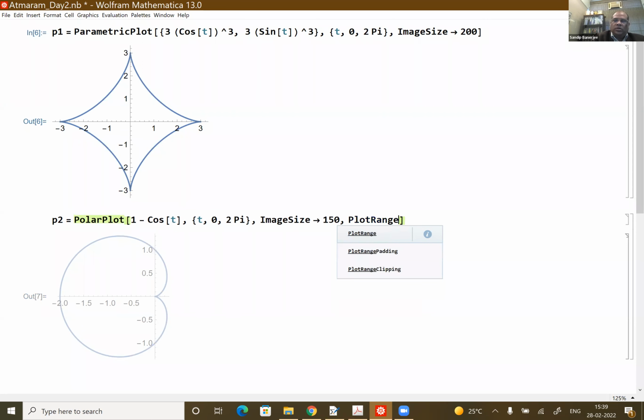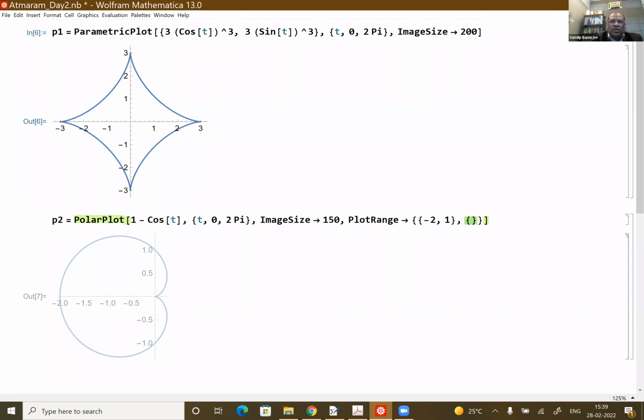Plot range. So plot range is something which you decide that from the x-axis how much range you will take, and from the y-axis how much range you will take. Like for here it is from -2. I can make it say from -2 to 1.